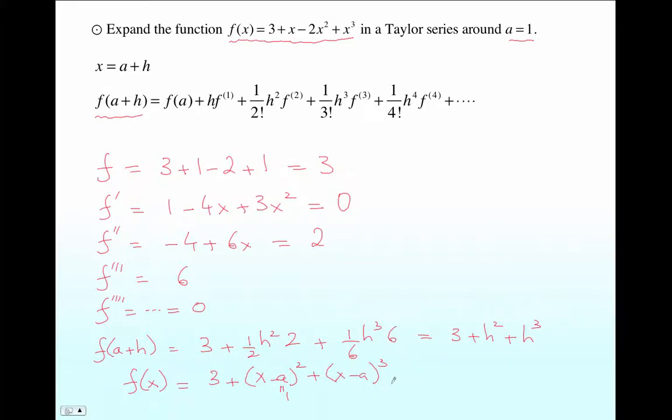And you could have written this directly looking at this function. The two are exactly the same. And so for a polynomial, a Taylor series truncates. It stops after a point, and in this case it stops at the third order term. There is no remainder. The Taylor series is exact for a polynomial.